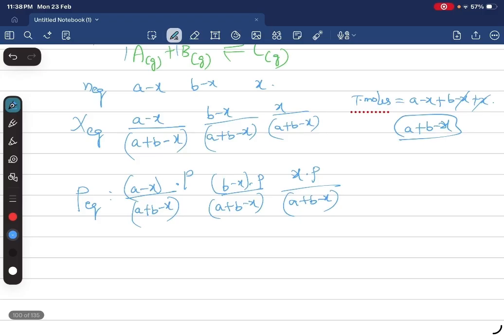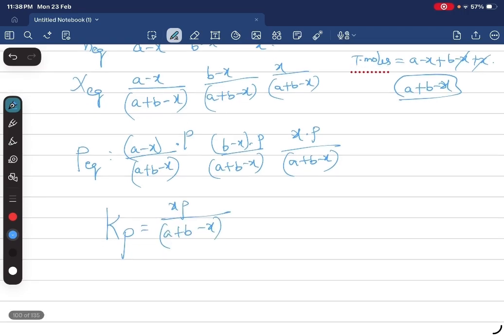Kp, with partial pressures at equilibrium, equals xP by A plus B minus x, products by reactants only, nothing else.